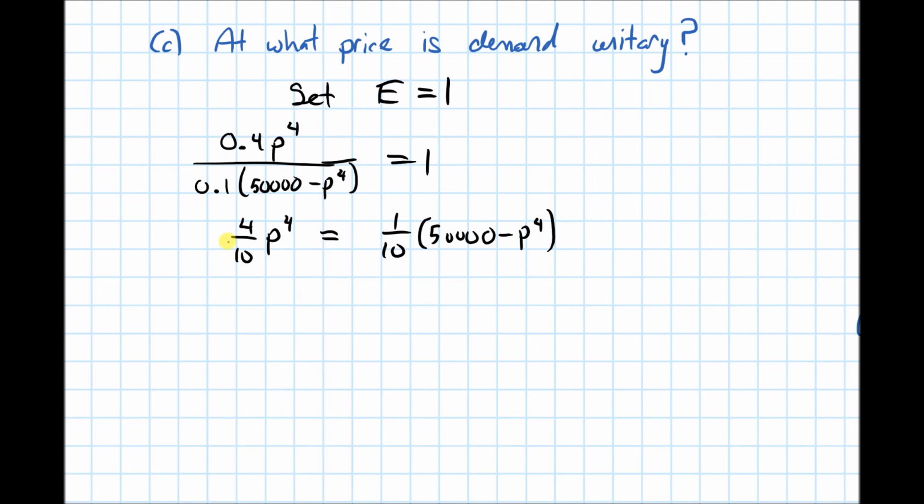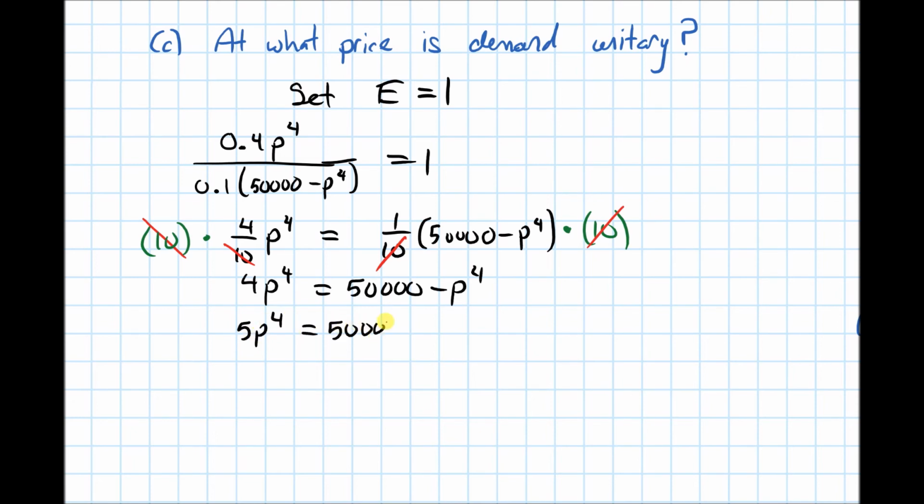That cancels this 10, and on the right-hand side, that cancels those 10s. So we end up with 4p to the fourth equals 50,000 minus p to the fourth. So rearranging, we get 5p to the fourth equals 50,000. Dividing by 5, we get p to the fourth equals 10,000.